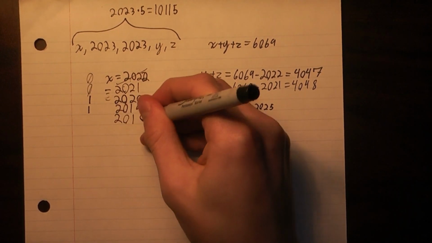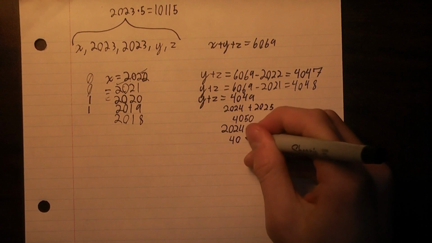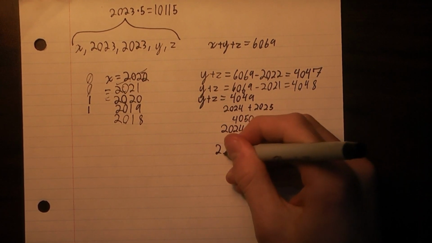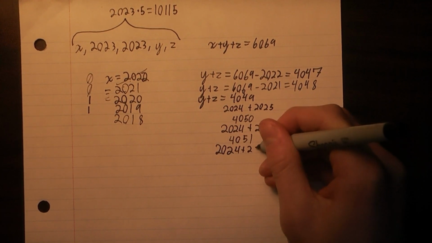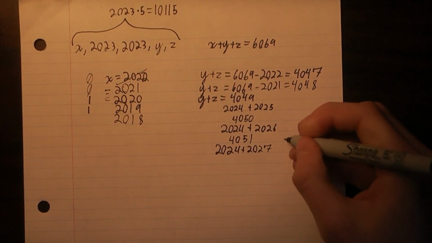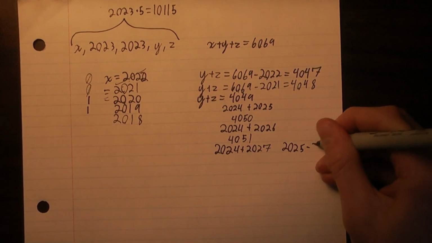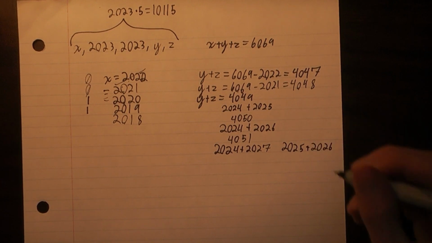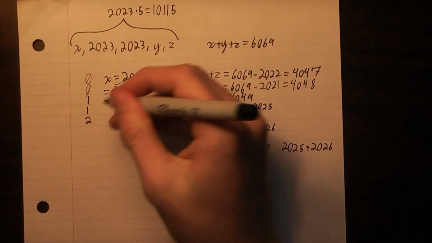If it's 2018, they add up to 4051, in which you can get 2024 plus 2027 or 2025 plus 2026. So there's 2 possibilities for this one.